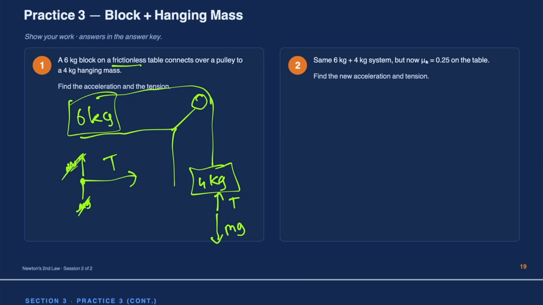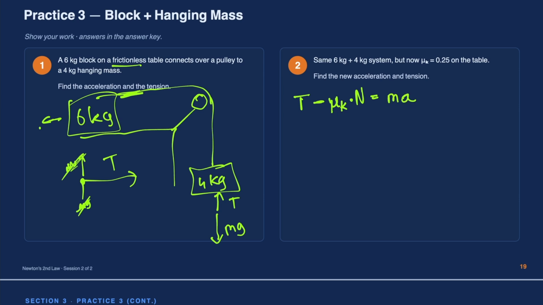The same system, but now we have mu k equal to 0.25 on the table. So we have something pulling it backward. While tension is pulling the 6 kg block forward in the rightward direction, we have mu k. Remember, the force of friction was mu times normal force, and the net force is mass times acceleration.